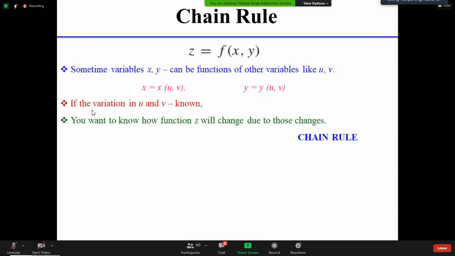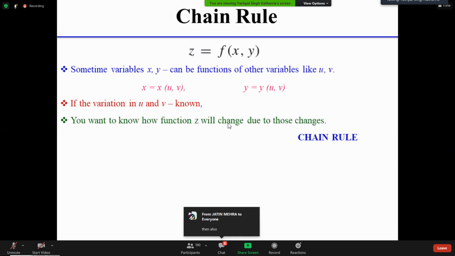In that case, if we know how u and v change, then we can find the change in x and y, and then we can find the change in z, the function f here.